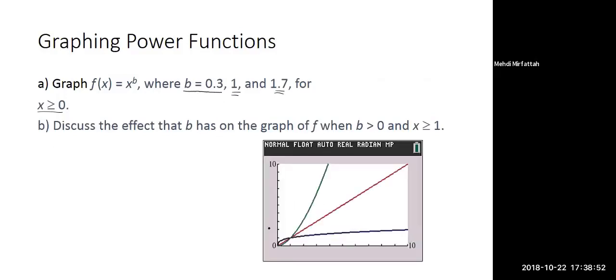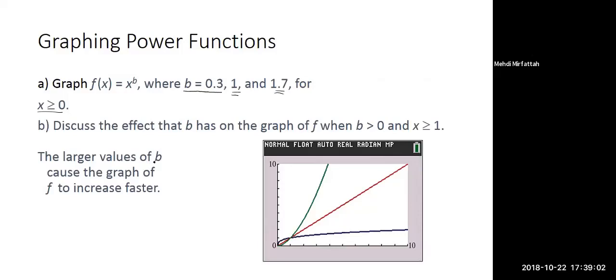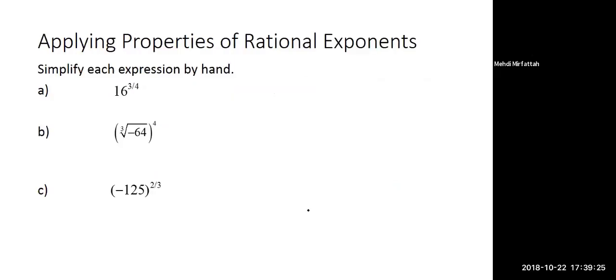If you actually graph these on your calculator, you would see that a larger value of b causes the graph of f to increase faster. So as you can see, as I increase these values of b from 0.3 to 1 to 1.7, this is going to increase a lot quicker.